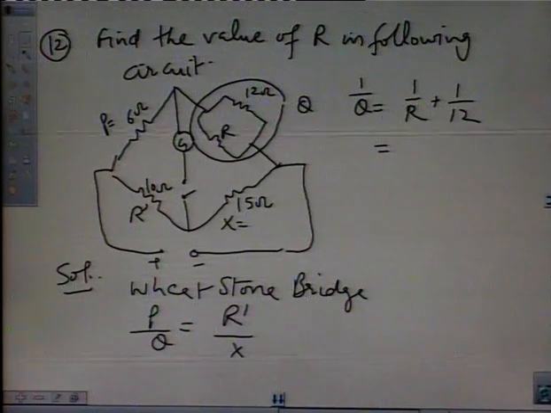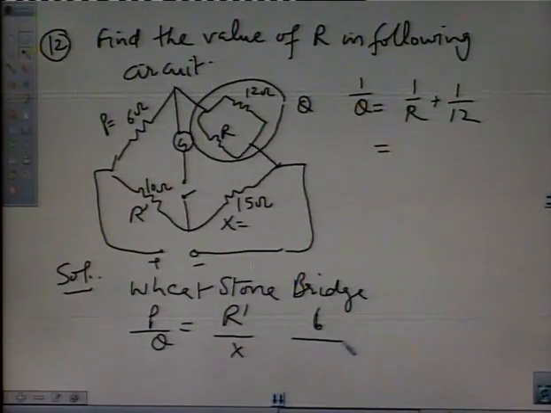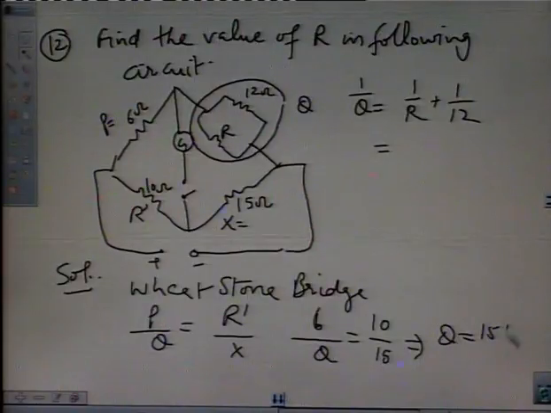On putting the values of P, Q, R dash and X, 6 upon Q is equal to 10 upon 15. From this we get Q is equal to 15 into 6 upon 10. This is equal to 9 ohm.